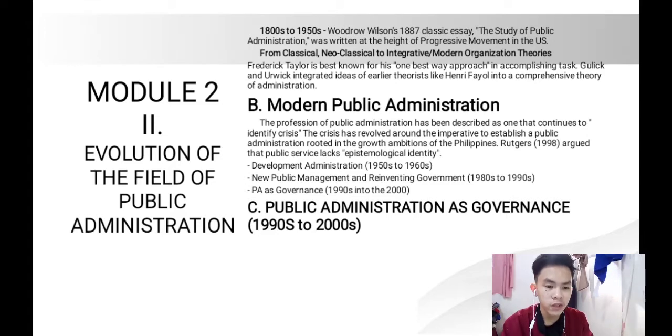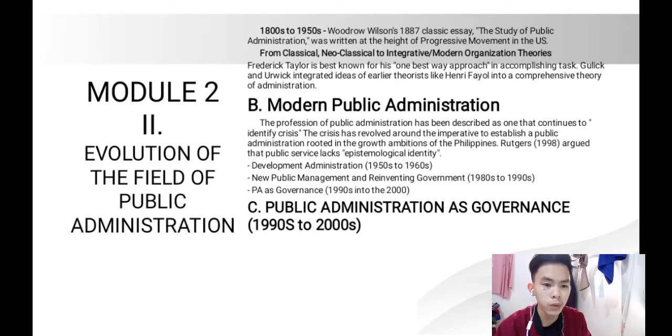Third, we have competitive government, or injecting competition into service delivery. Fourth, mission-driven government. Fifth, results-oriented government. Sixth, we have customer-driven government. Seventh, enterprising government. Eighth, we have anticipatory government. Ninth, we have decentralized government.